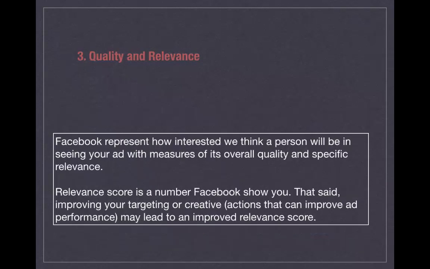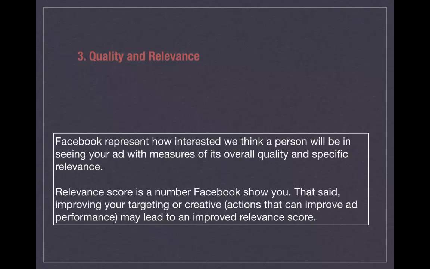Now third, which is very important, is quality and relevance. Facebook measures how interested a person will be in seeing your ad with measures of its overall quality and specific relevance.